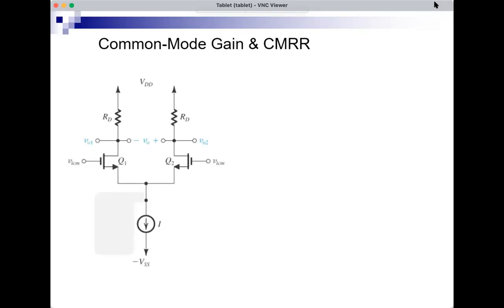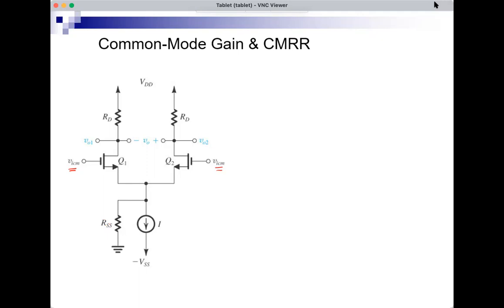This is my circuit, and now if you look at the two inputs, they're equal, they're both equal to VICM, so the common mode. Now, I will also consider the current source to be non-ideal, because we will see that if it's ideal, then in all cases, the output will be 0.